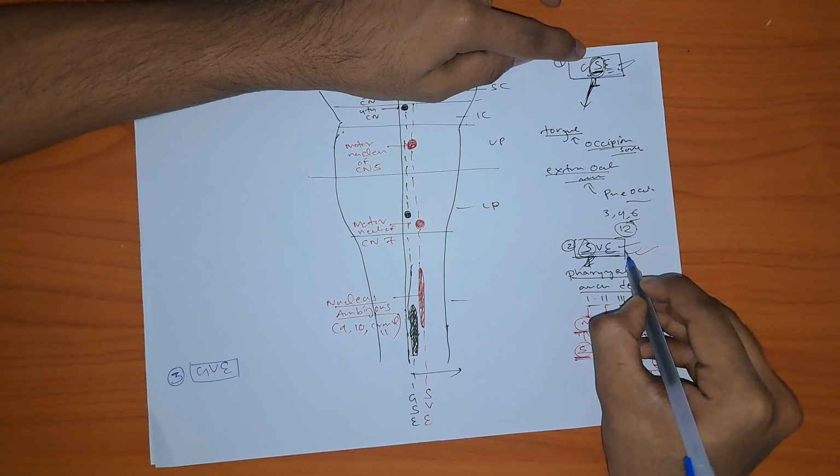Now we have the inferior salivatory nucleus. Now we have here the dorsal nucleus of vagus. So these are three.